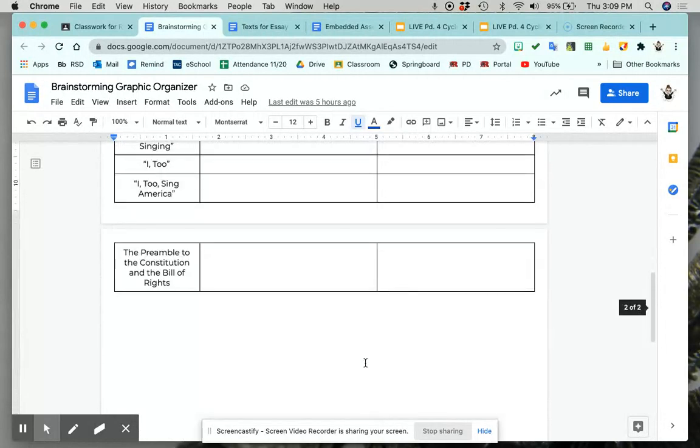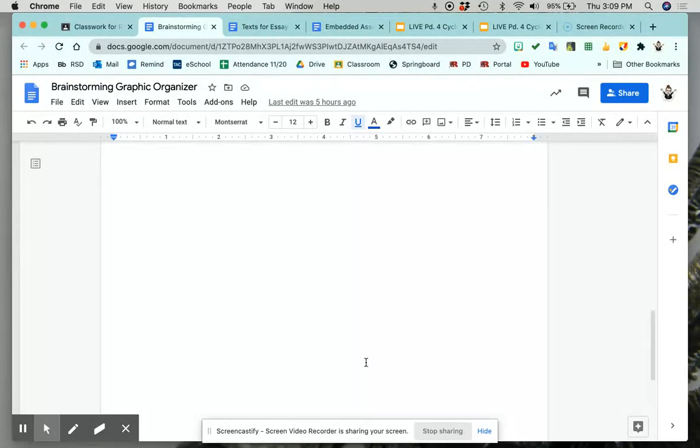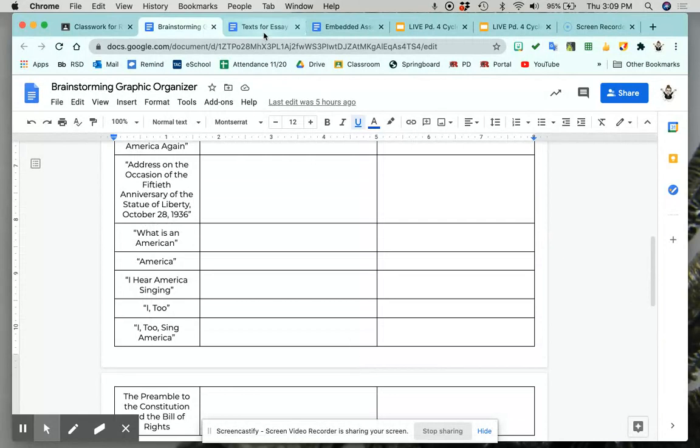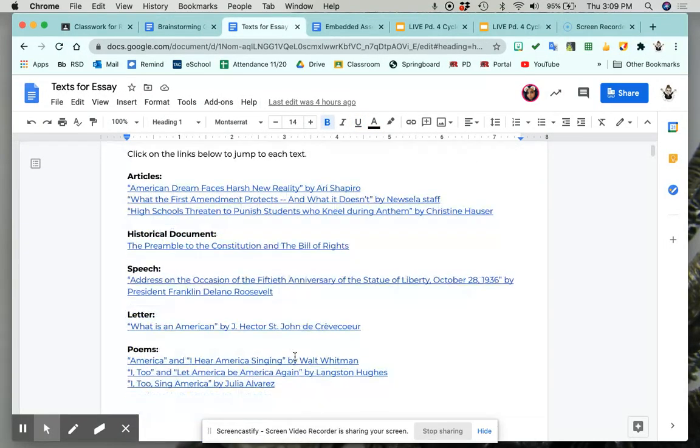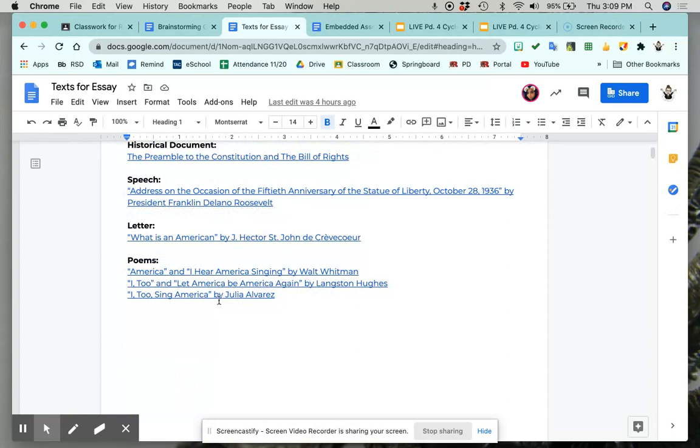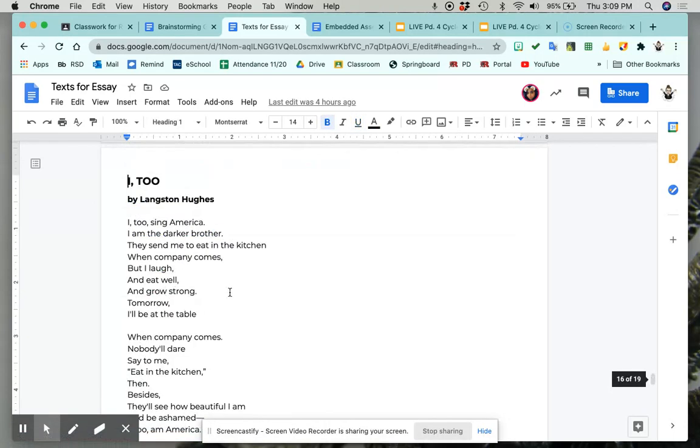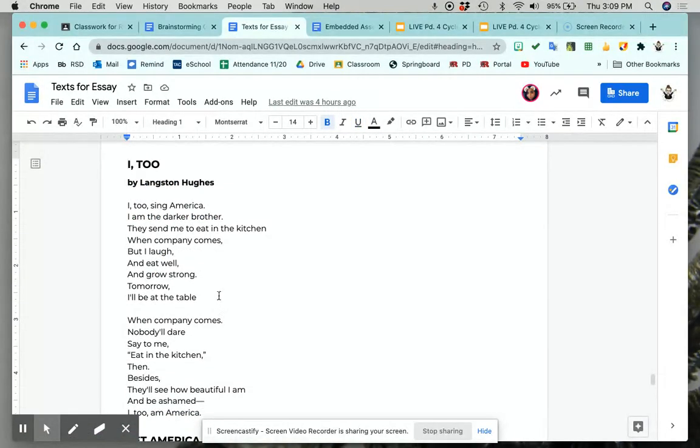So I'm going to walk through one of them with you right now. So I'll go back to my texts for a minute. And I'll say that I want to try some Langston Hughes. So, maybe you liked it when we read it in class, you thought he had interesting ideas. Anything that draws you to a particular text is fine.